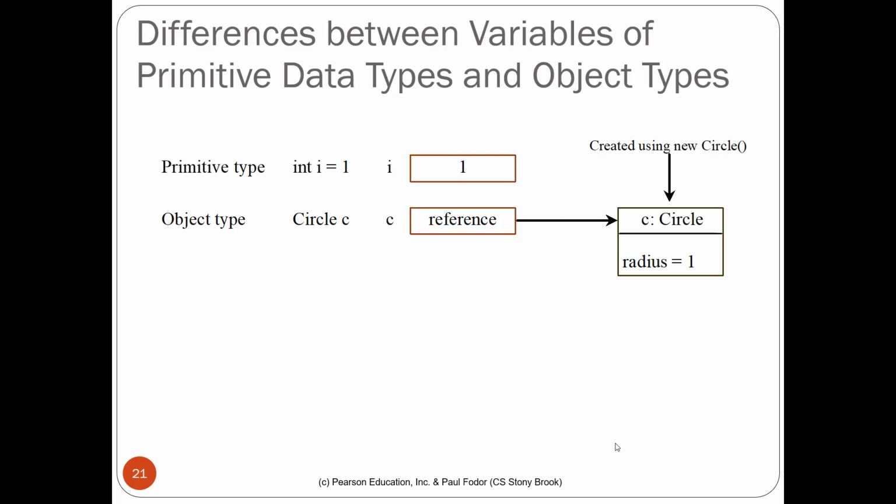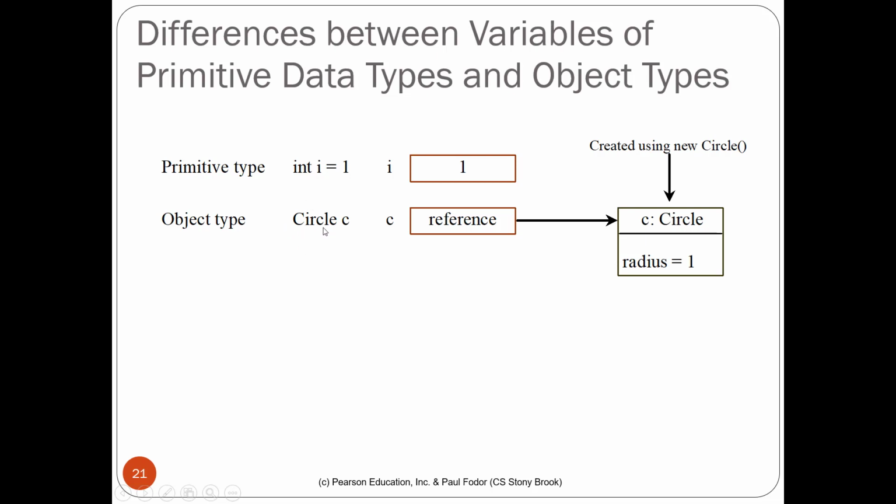Alright, so let's look at an example. For the primitive type, we are taking the case of integer. Integer is a primitive type, but the object type or the reference type is like c here. c is a reference type because c will hold the reference for an object of type Circle class.